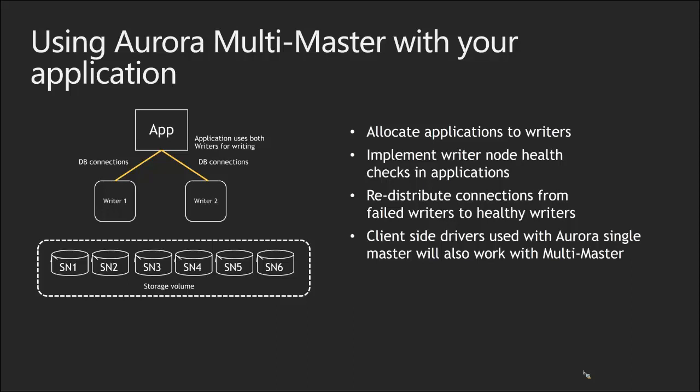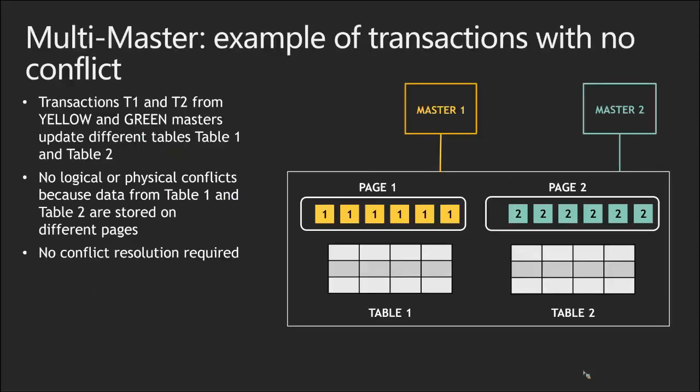So let's see what happens when both of these writers try to write to the storage layer at the same time. Obviously, one thing that could happen in theory is that you would have a conflict. So first of all, let's look at an example with no conflict. So I have master 1 and master 2, and each of them is writing to the database, but they're writing to two separate tables. So if they're separate tables, they're probably also writing to separate pages.